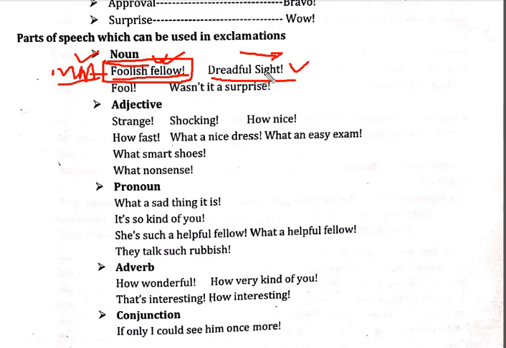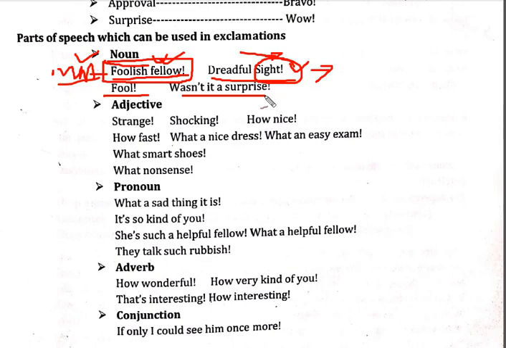Dreadful sight. I can say that a sight is a place. Dreadful sight, a dangerous place. So this sight with exclamation gives us some surprise. Here's a fool with this. Wasn't it a surprise? Now these words, first of all, tell us about a noun.